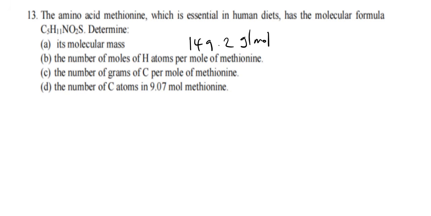So it means we've got 11 moles of hydrogen atoms. Why I'm saying 11 is because that's what you are going to find per molecule or per 1 mole of methionine. We don't have any stoichiometric coefficient there, so basically it will just be that.